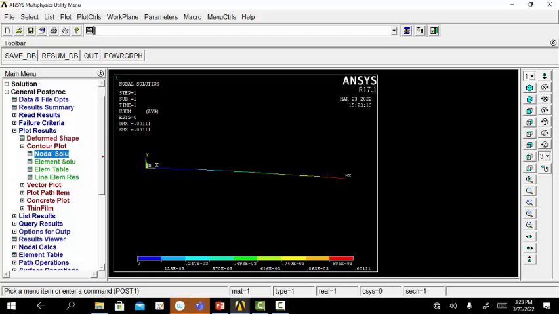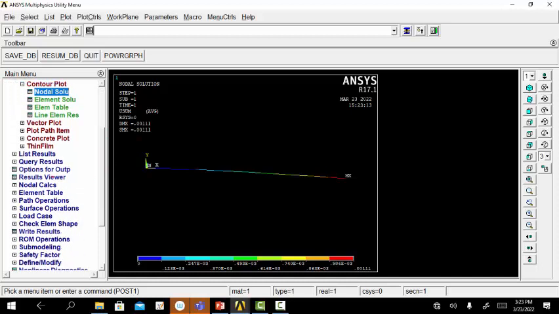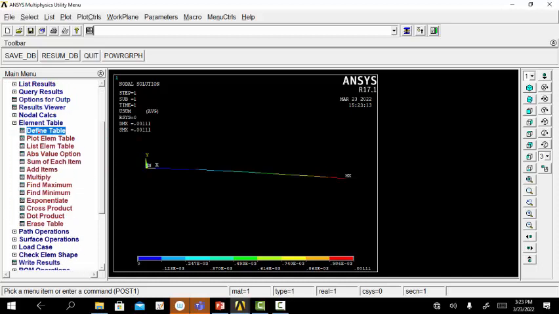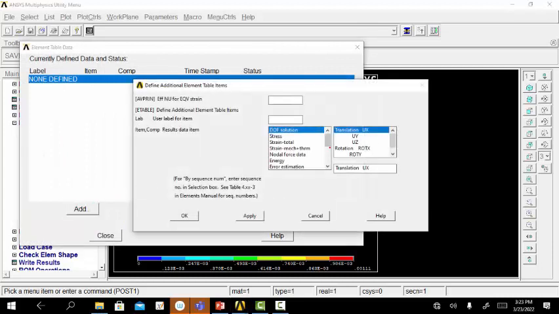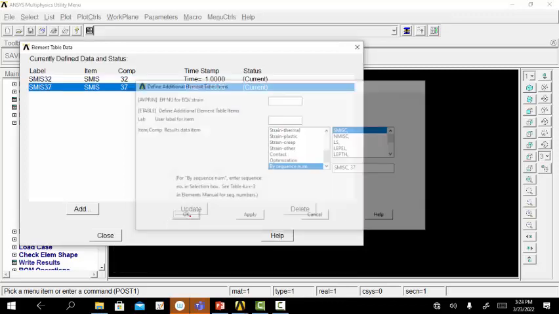Okay, so to read the stress results, go to element table, define table, add. So the sequence number for the bending stresses in ANSYS APDL page is SMISC 32 at the ith node and SMISC 37 at the jth node. So by sequence number SMISC 32 apply, then by sequence number SMISC 37.